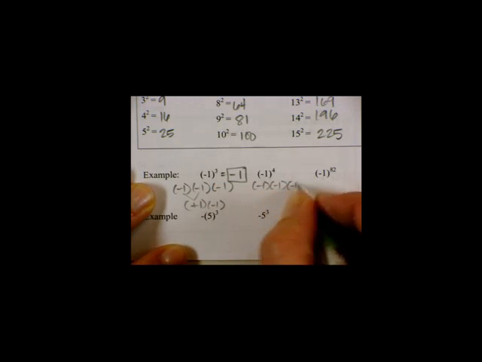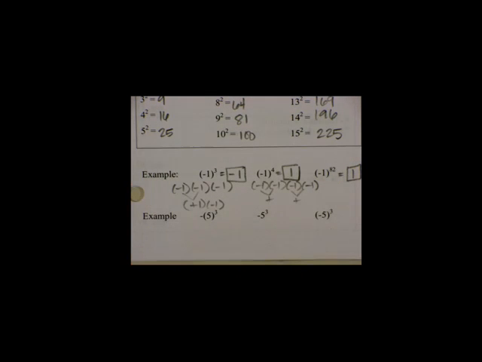Negative 1 to the fourth. These two become a positive, these two become a positive, and a positive times a positive is positive. What do you think negative 1 to the 82nd power is going to be? If you said positive 1, you nailed it.